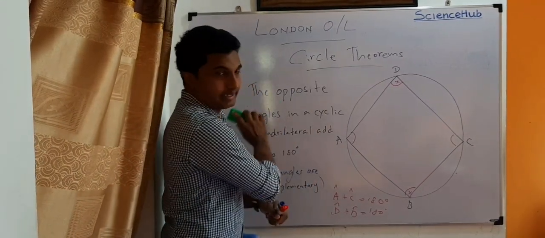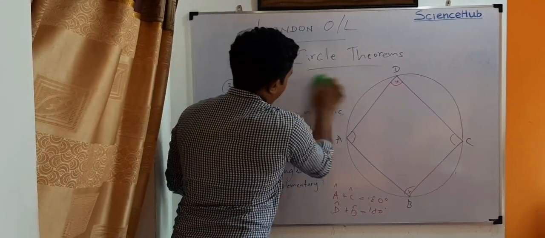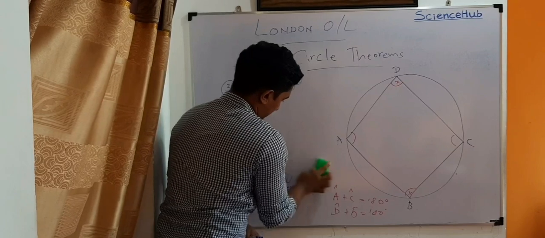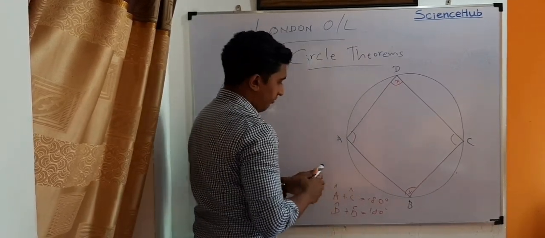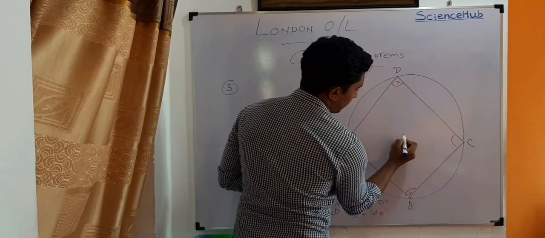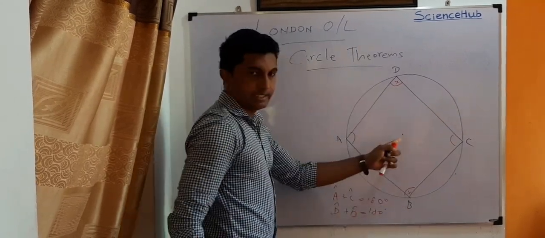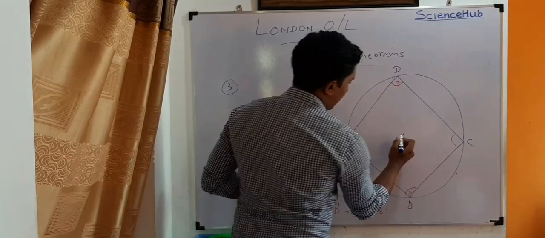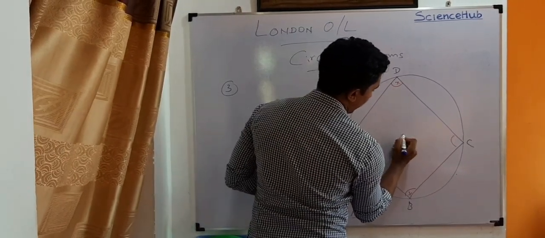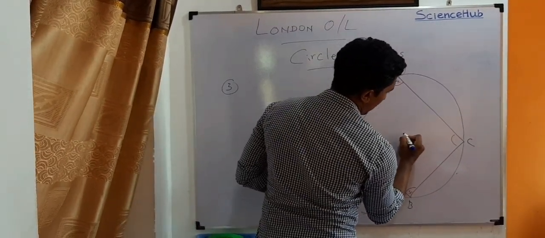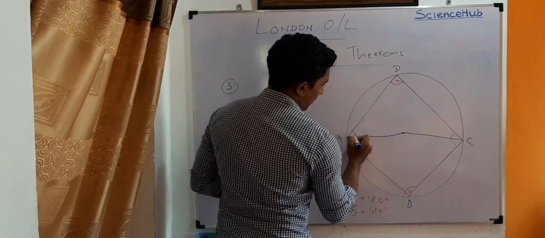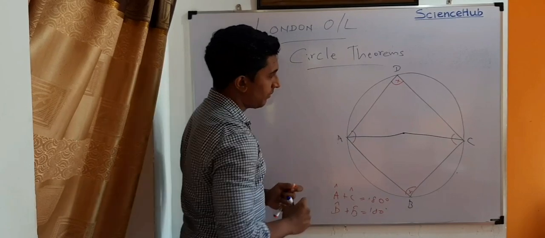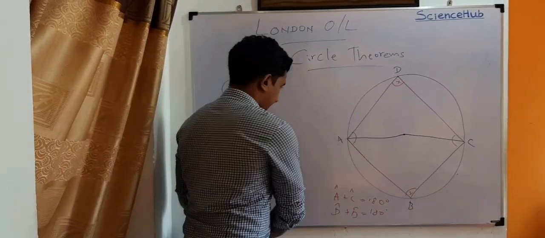I'll erase this part, and consider this point as the center of the circle. We can call it O. Then we can draw two radii like this.